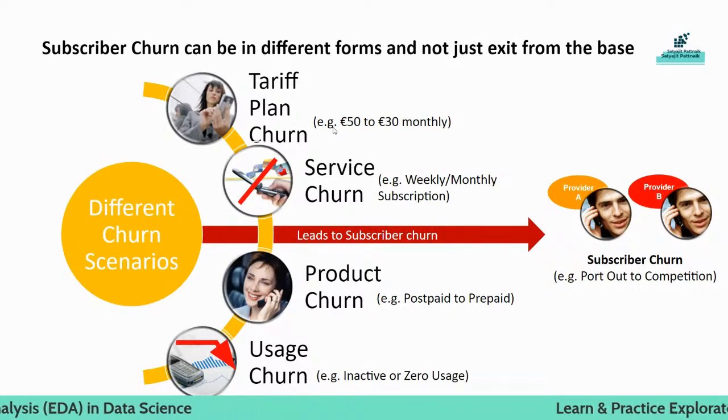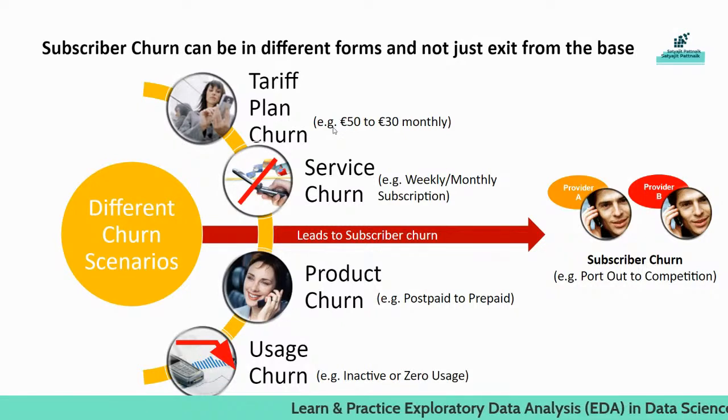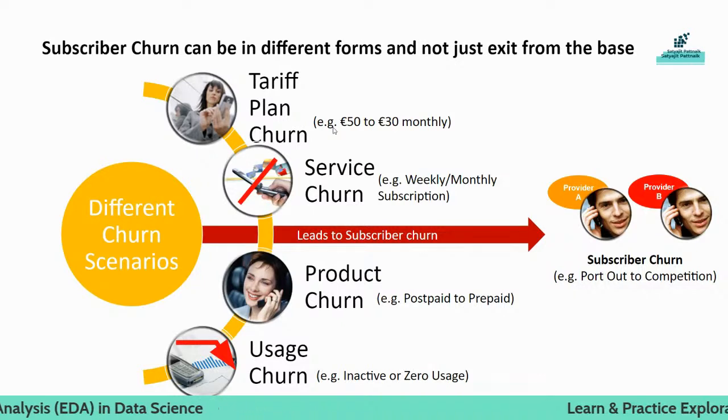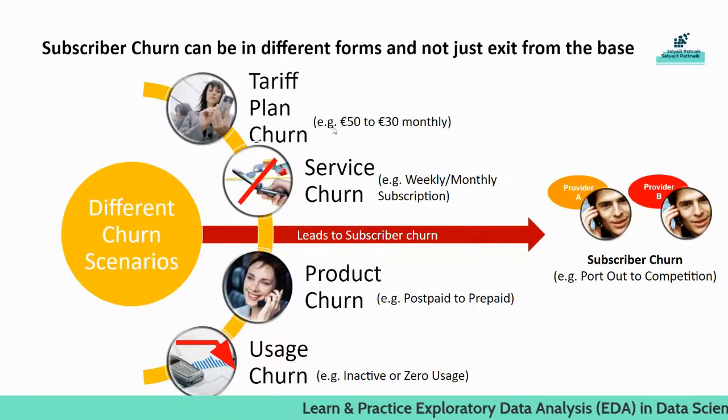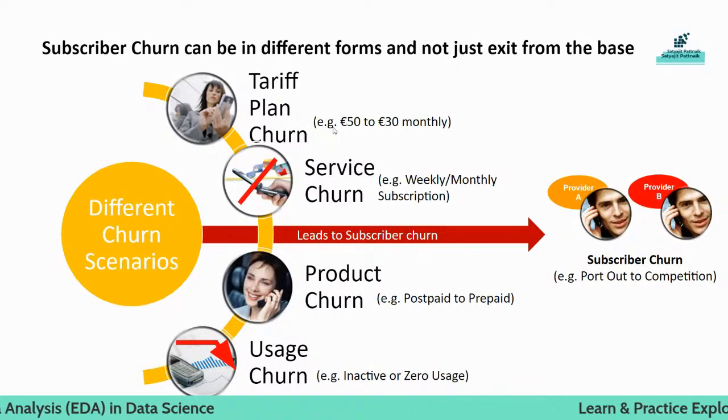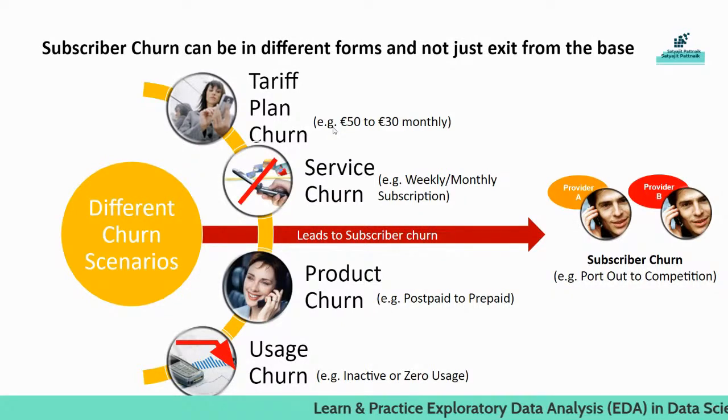Now, why I'm talking about this is that ultimately the goal is to identify the type of churn. Let's say your model predicts that these are the 10 people who are going to churn. If we understand that out of the 10 people, 3 fall in the tariff plan churn category, 2 fall in the service churn category, and 2 fall in the product churn category, we will be able to act upon it and have better actions for them.